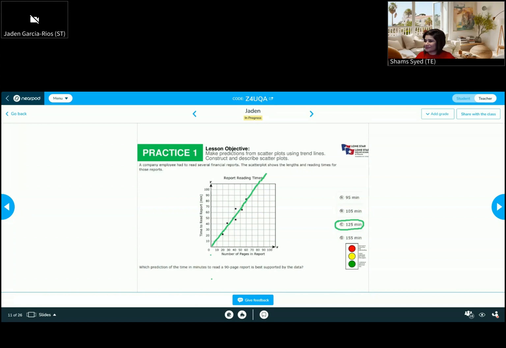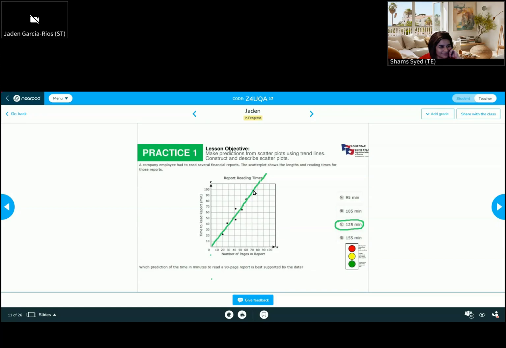Okay, so when I was making the trend line, I made sure to go through most of the points. And for A, 95 felt too low to be at 90. It felt like a better prediction for 80 pages. So I ruled out A. And for B, 105 felt too low to be at 90 based on the trend line.